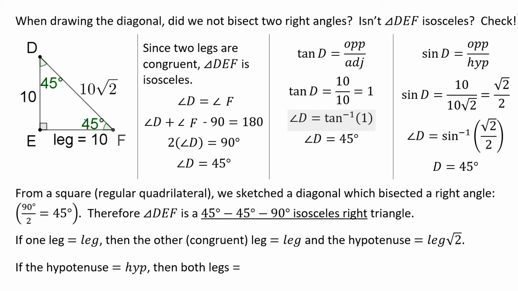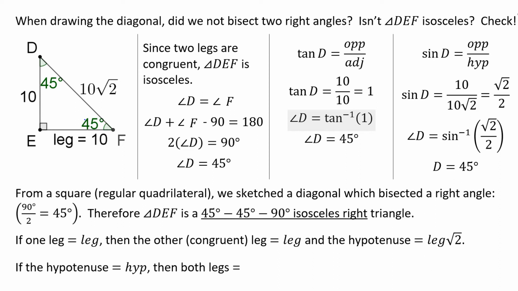So we have 10, 10, and 10 radical 2. We could have had 17, 17, and 17 radical 2. We could have had 3.4, 3.4, and 3.4 radical 2. Any side length for a leg is going to be the same as the other leg if it's isosceles, and the hypotenuse will be that value times radical 2.